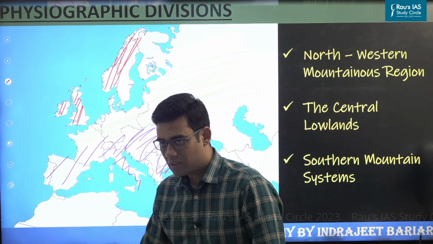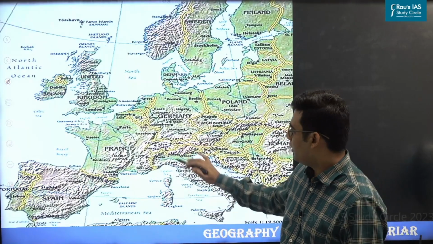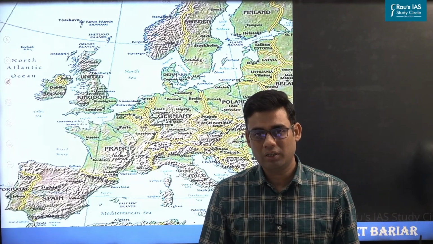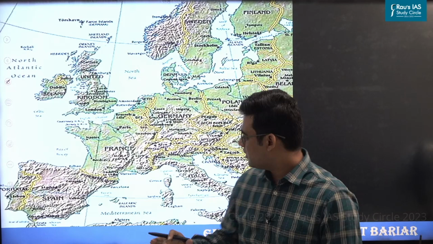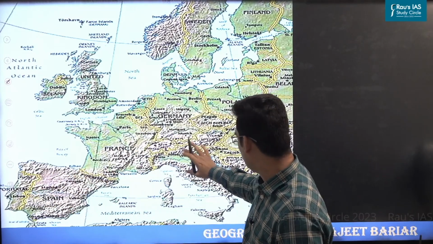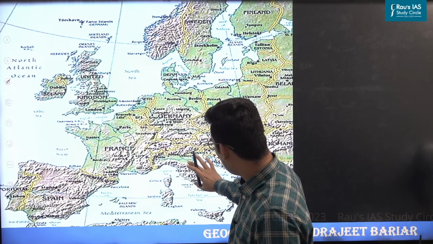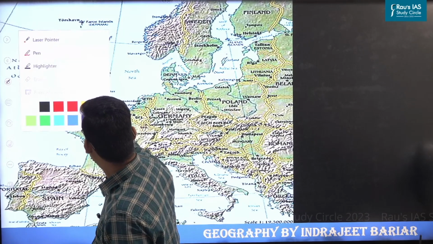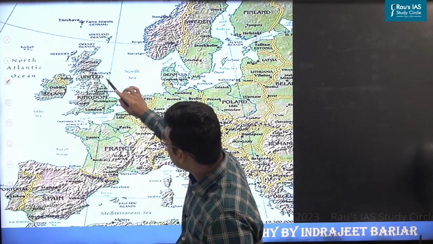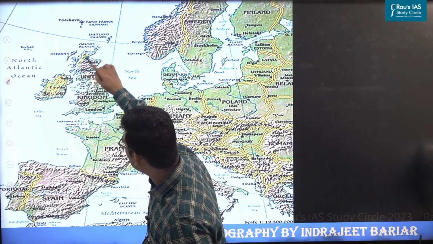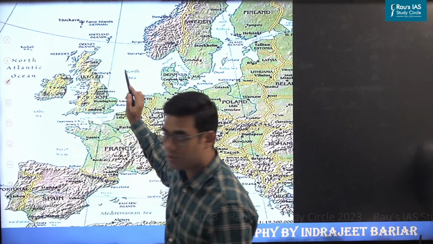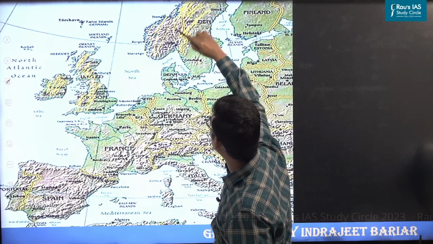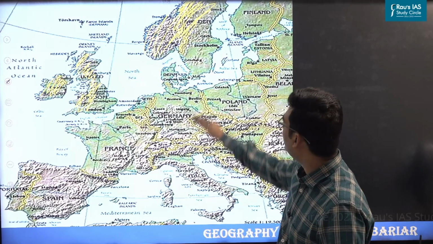Now if we take a look at this map, what you can see are the highlands and the mountain parts, which are shown with slightly brownish shading. So I can shade it for you. First I can see some mountain sections over here. Then I have the mountain system which is very clearly present in the Scandinavian part.